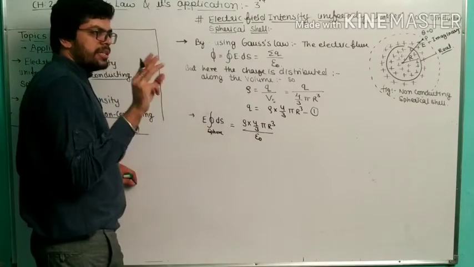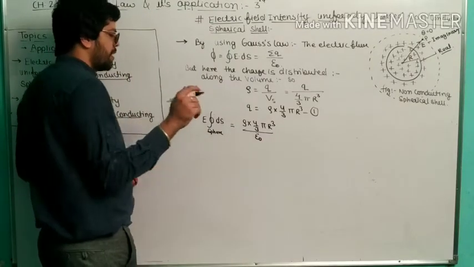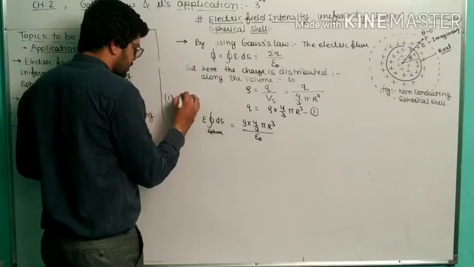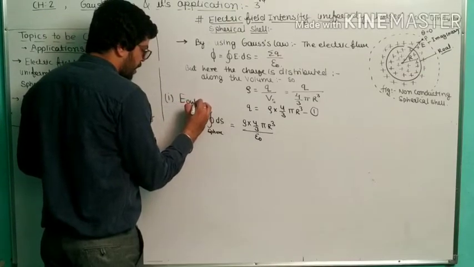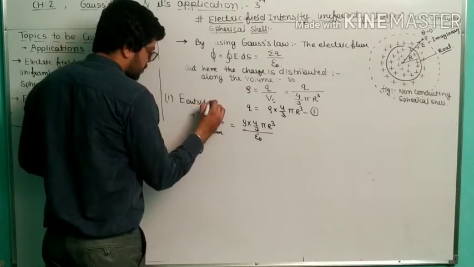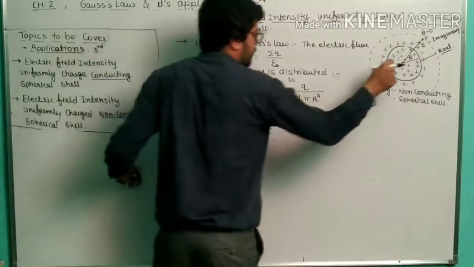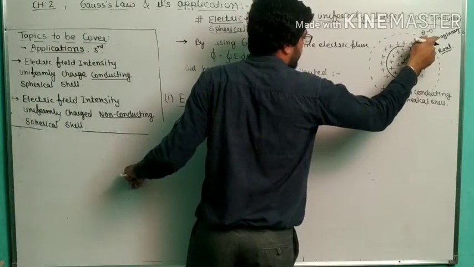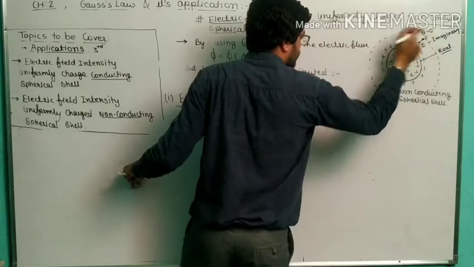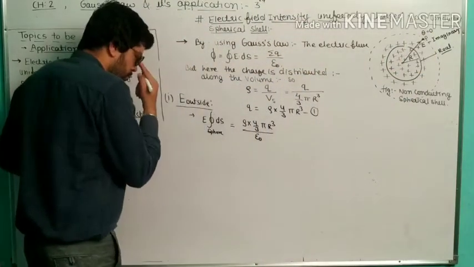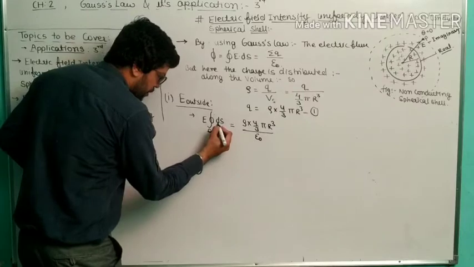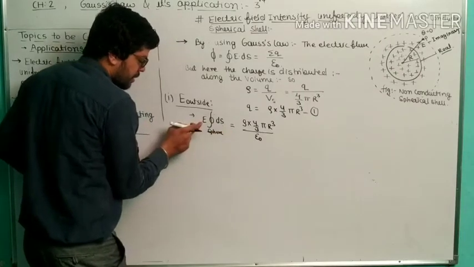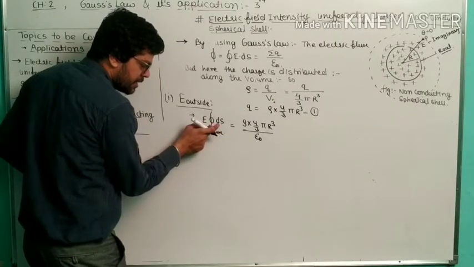Here also in 3 stages we have to find out electric field. Number 1 stage is electric field outside. Currently we are finding electric field outside at point P, where electric field and point P both are in the same direction, so theta is equal to 0. And we know that the surface area of the sphere is associated with the electric field.